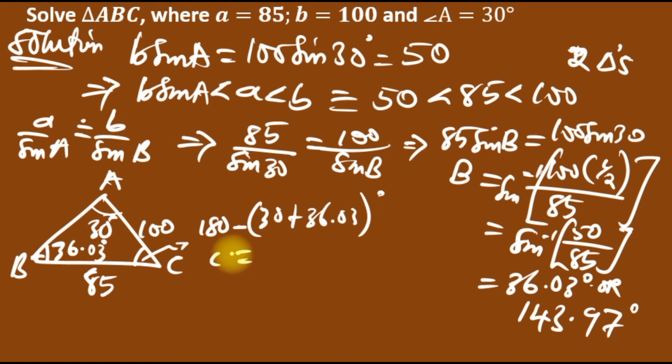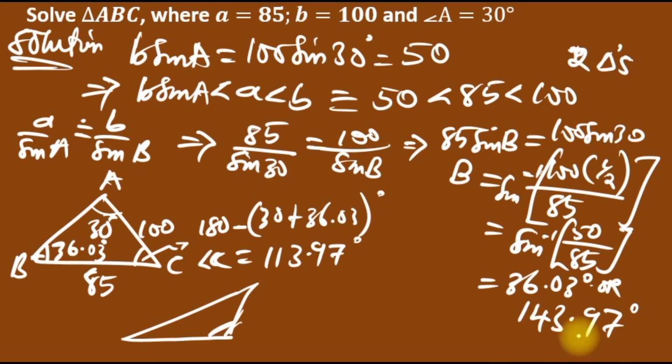So if here is 30 degrees, B here is 36.03. The remaining angle, our C, is now 180 minus 30 plus 36.03. So angle C for the first triangle is 113.97. So that's the first triangle. Why the second triangle? This will be something like this.